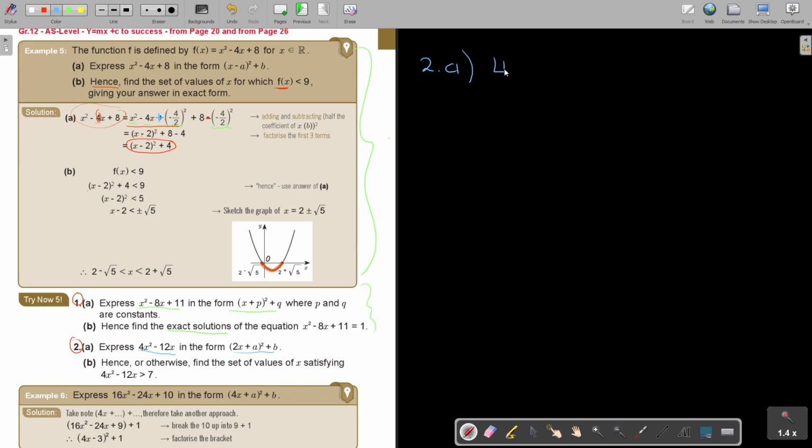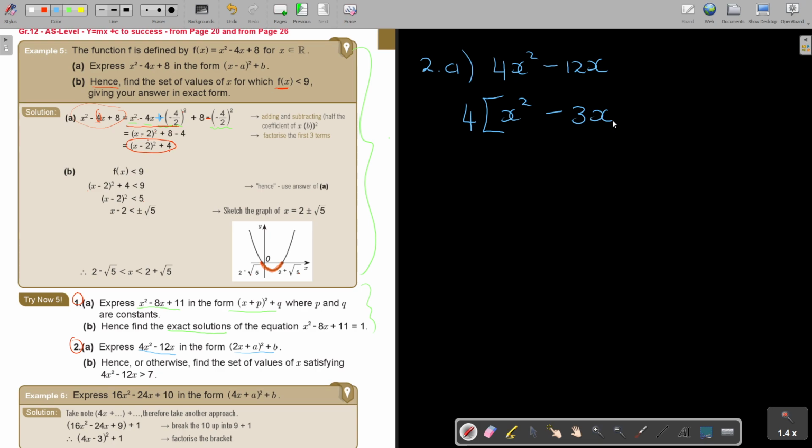Okay, so it's going to be 4x squared minus 12x. Now, do it like you used to. If there's a 4, you take 4 out. Can you remember this? And again, go to the textbook. So this is going to be x squared minus 3x.